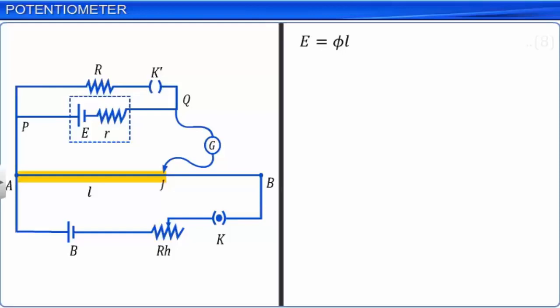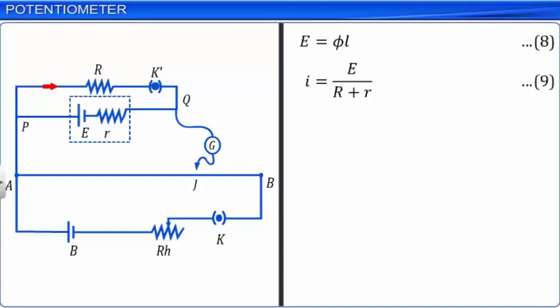When K' is pressed, the resistance R is included in the secondary circuit. The current through the cell I is equal to E by R plus r. Let this be equation 9. Then the potential difference across points P and Q, which is the terminal voltage of the cell, VPQ, is Vp minus Vq is equal to I into R. This is in keeping with Ohm's law.